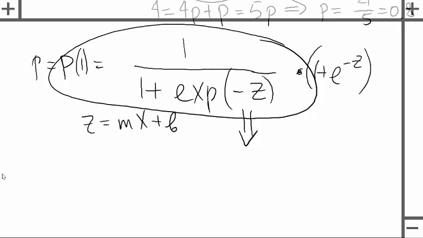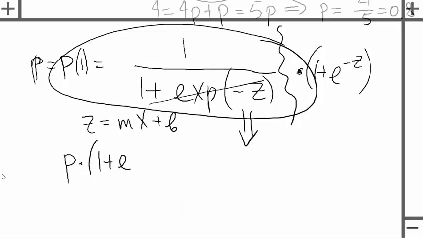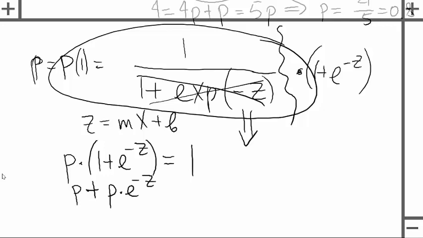So it cancels out on the right side, but on the left side it's multiplied by p, right? So I have p times 1 plus e to the power minus z equals 1, right? Because it canceled out from the denominator, right? Okay, cool. So, on the left side I have p plus p times e to the power minus z equals 1.